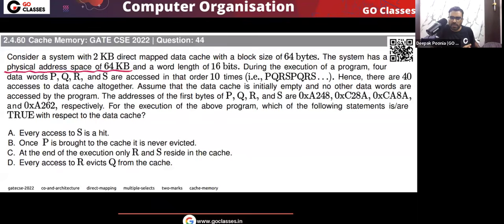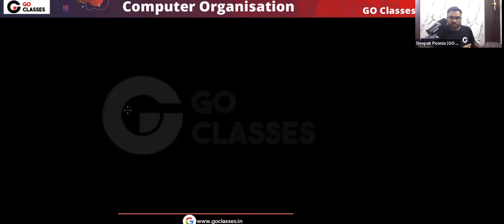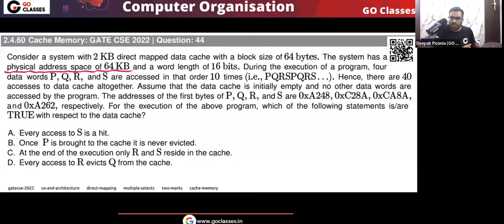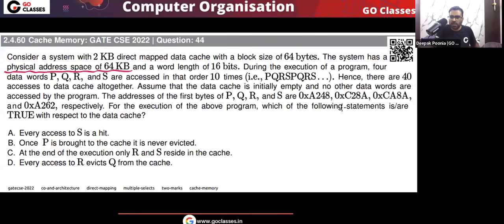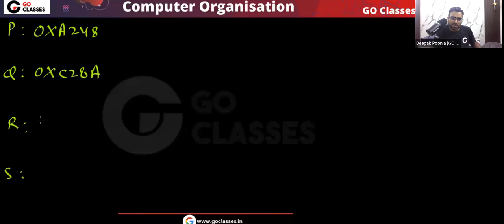You can see that P was 0x A248. What about Q? Q was 0x C28A. What about R? R is 0x CA8A.